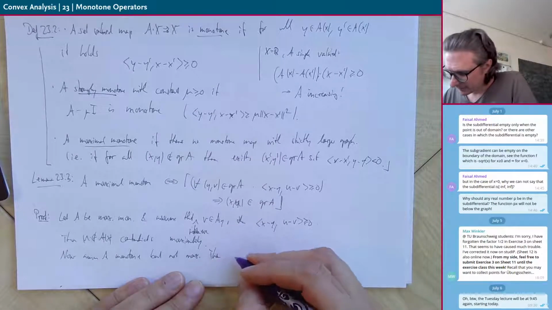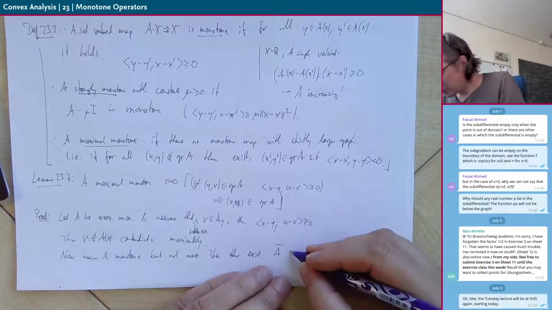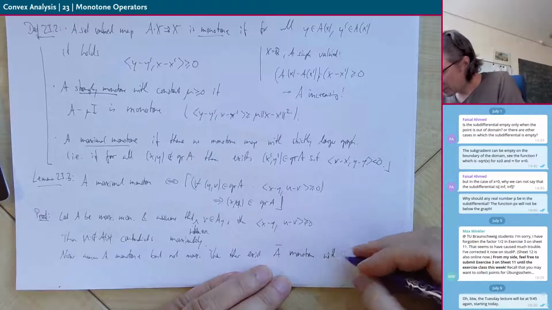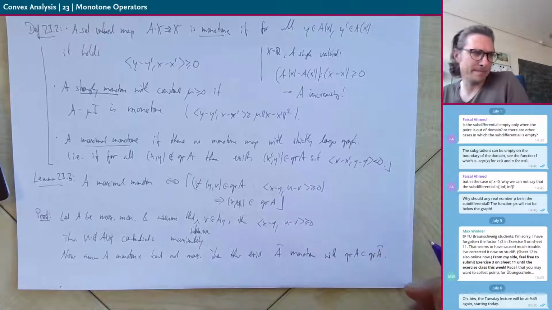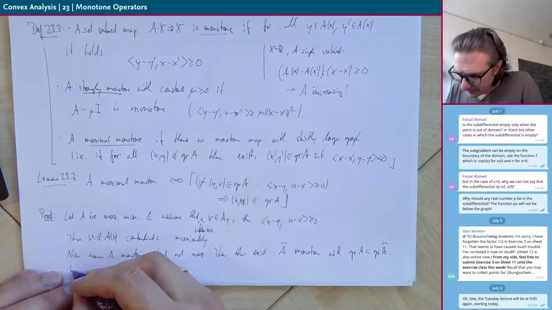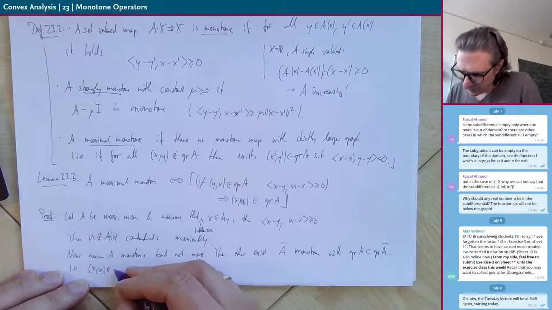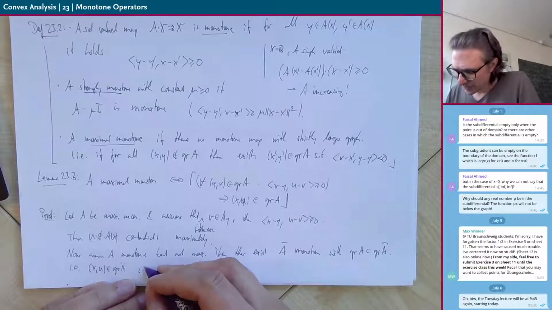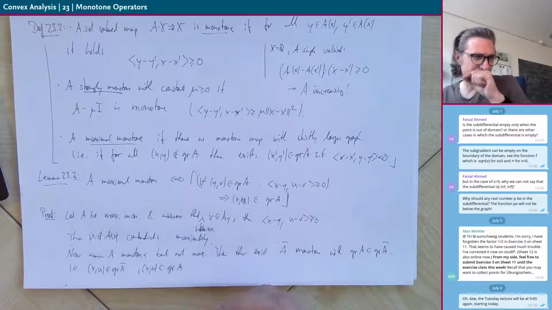Then there exists an A bar monotone with the graph of A a subset of the graph of A bar. So that means that there exists something in the graph of the larger one which is not in the graph of A.